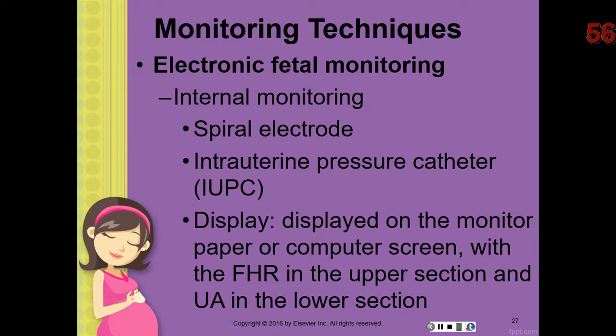And then an intrauterine pressure catheter is a small tube that gets inserted internally. So mom's bag of waters has to be ruptured. And we just kind of thread it along the baby. It stays next to the baby, and it will measure how strong the contractions actually are.